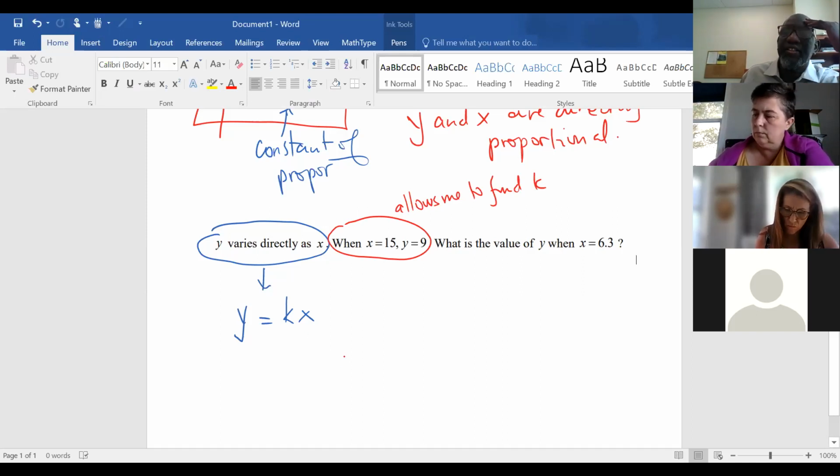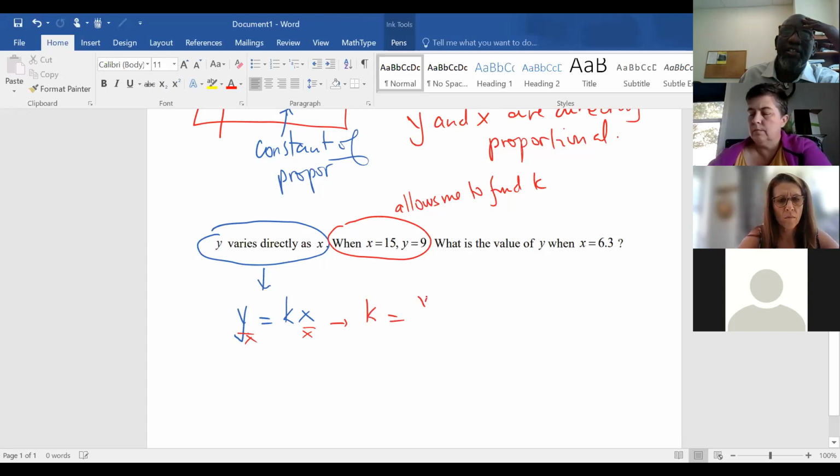Well, how much is k? When you say y equal kx, how much is k? How to get k by itself? Dividing. Divide both sides by? By x, right? So we get k, actually k is y divided by x.